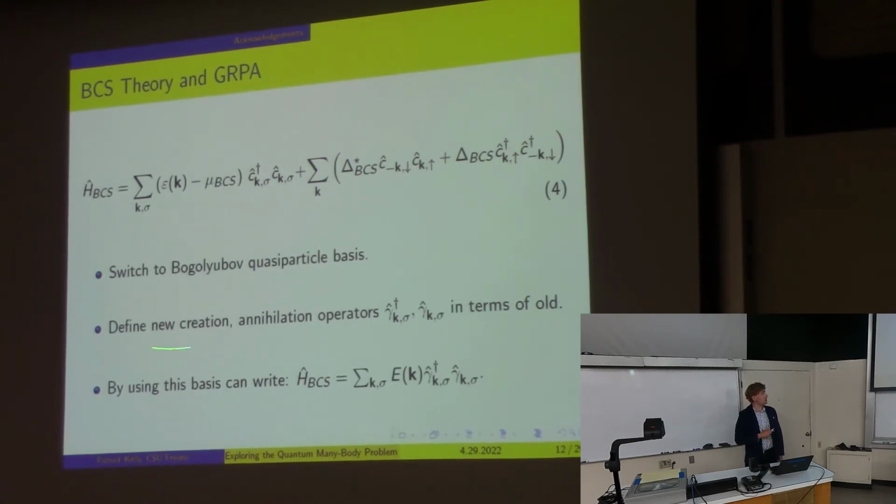Then you switch to what's called the Bogoliubov quasi-particle basis, which is where you basically say, I have my real particles I'm dealing with, I don't want to deal with those anymore. I want to think about new kinds of particles, but they're quasi-particles. They're excitations in the system. But in quantum mechanics, it seems to be very natural. You can always dream up new particles.